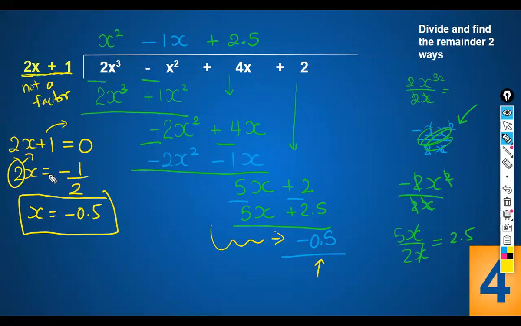And this x minus a half is not a solution, because a solution would have brought you to 0, but it didn't. So keep that in the back of your head, right? The solution will always bring you to 0.